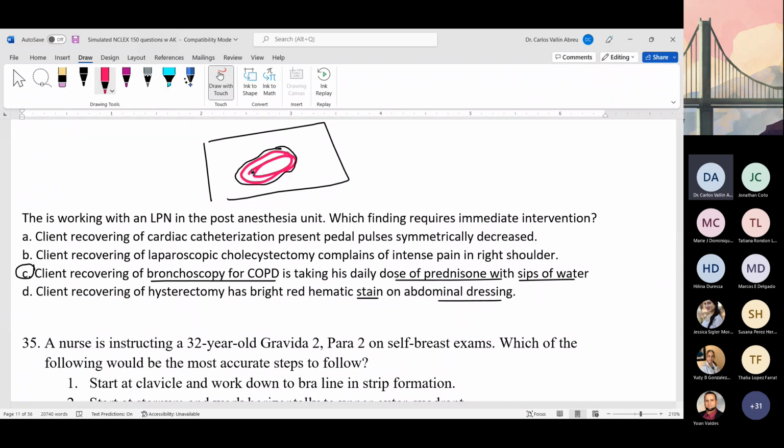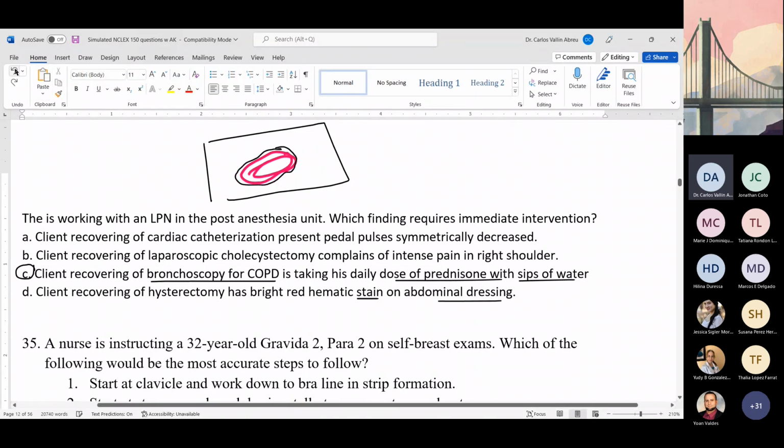If you notice that the stain has grown beyond the initial mark, the patient is actively bleeding, and then you reinforce, check vital signs, and call the doctor. But if you notice that the stain has not grown, it is the usual accumulation of blood that occurs in a surgery. So this is what we do.